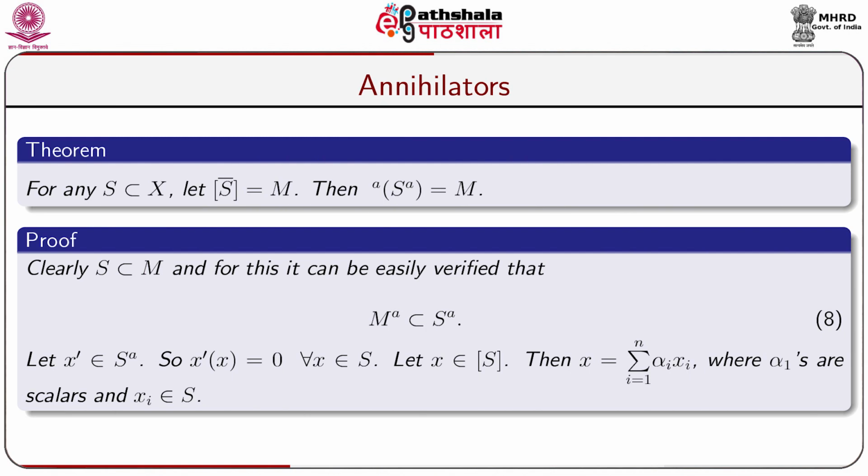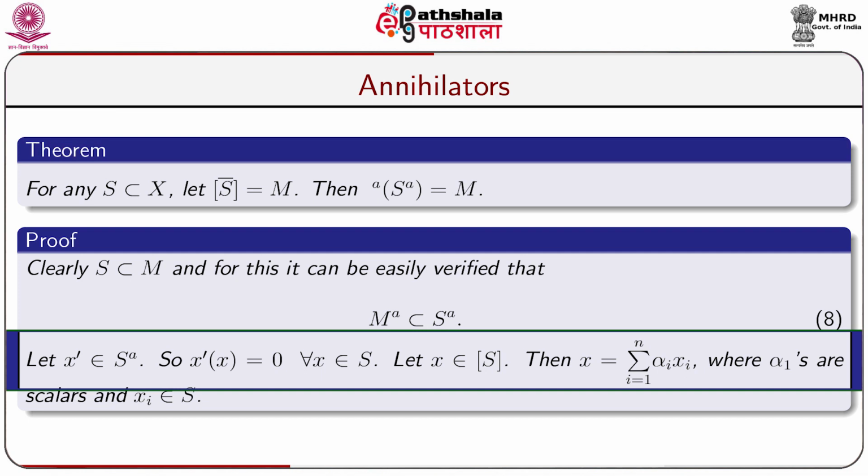Let us take a theorem. For any subset S of X, if the closure of [S] is equal to M, then the annihilator of SA is equal to M. Let us take a proof. Clearly, S is a subset of M, and for this it can be easily verified that MA is a subset of SA. Let x' belong to SA.